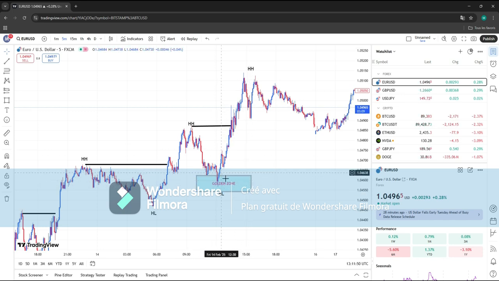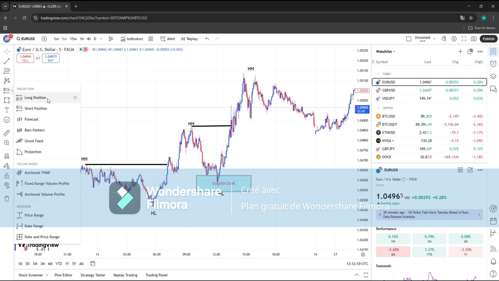When it touched the golden zone right here, we have a very bullish candlestick, and we have an uptrend right here. How do we make my stop loss and my target?